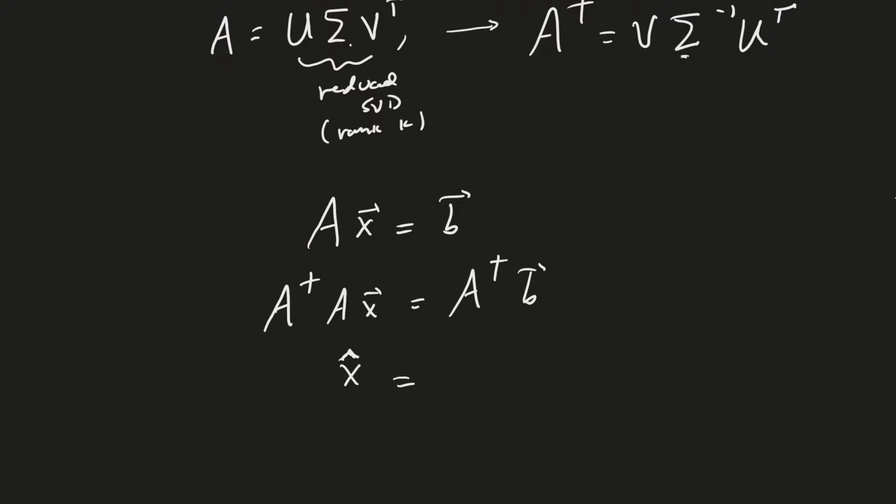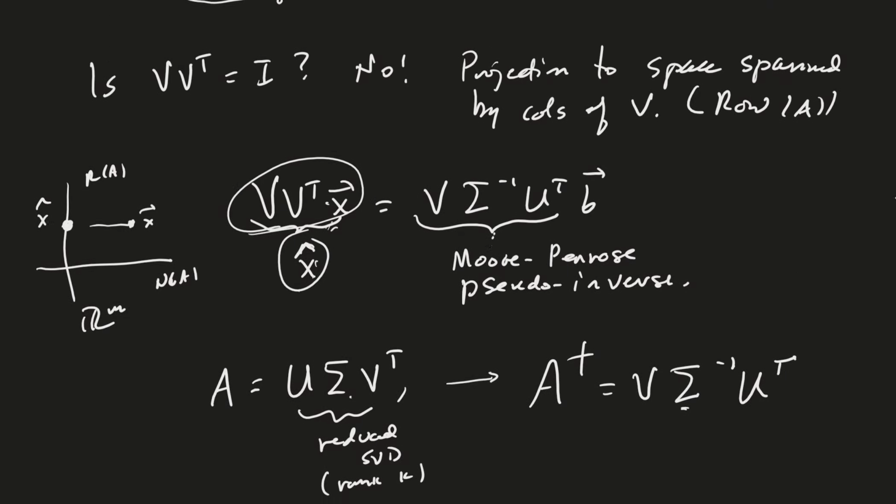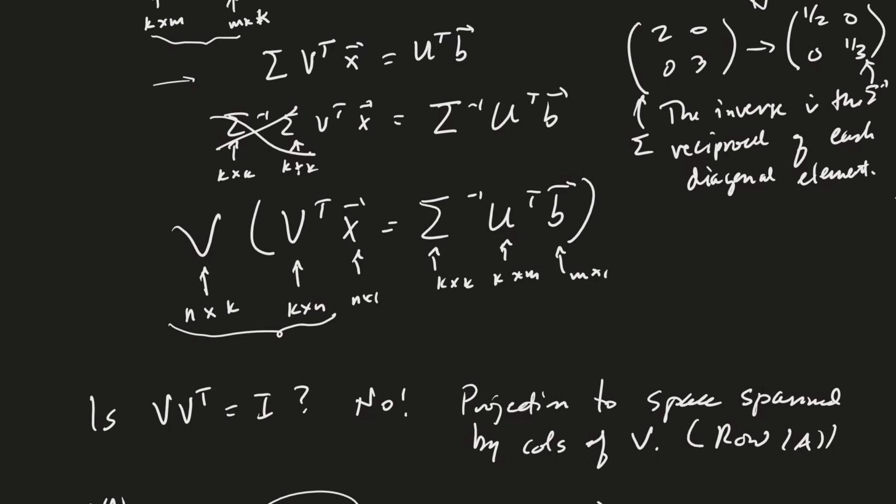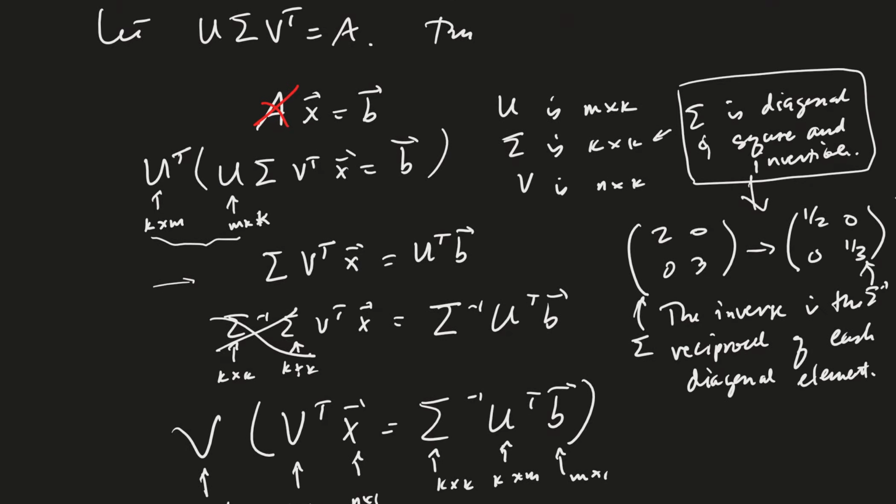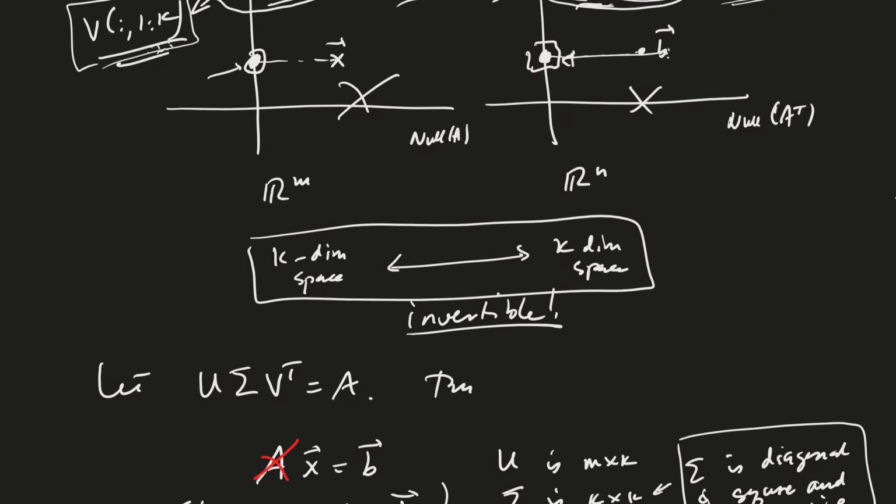That gives me an x, right? But on this side, this should give me the least squares solution, because I'm not going to be able to solve this if B is sitting outside of my column space.